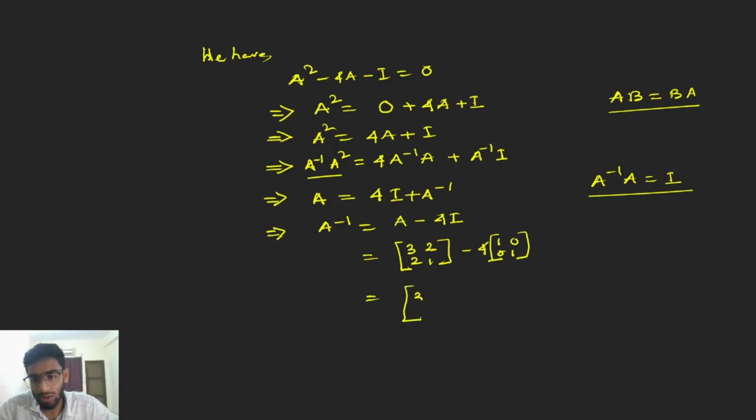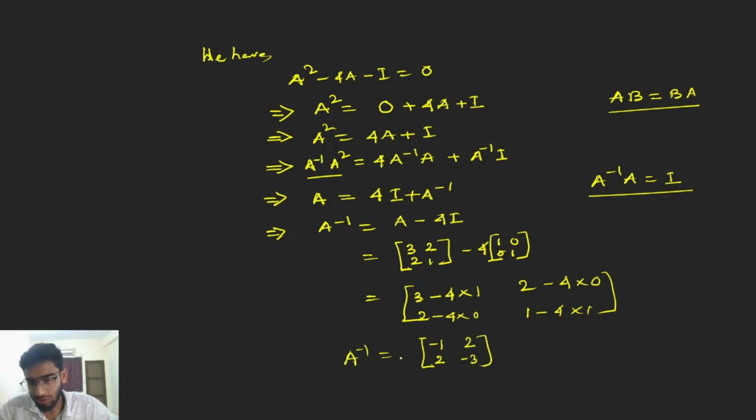So it is 3 minus 4 into 1, 2 minus 4 into 0, 2 minus 4 into 0, 1 minus 4 into 1. 3 minus 4 means minus 1. 2 minus 0 is 2. Now 2 minus 0 is also 2. 1 minus 4 is minus 3. So that is our A inverse.